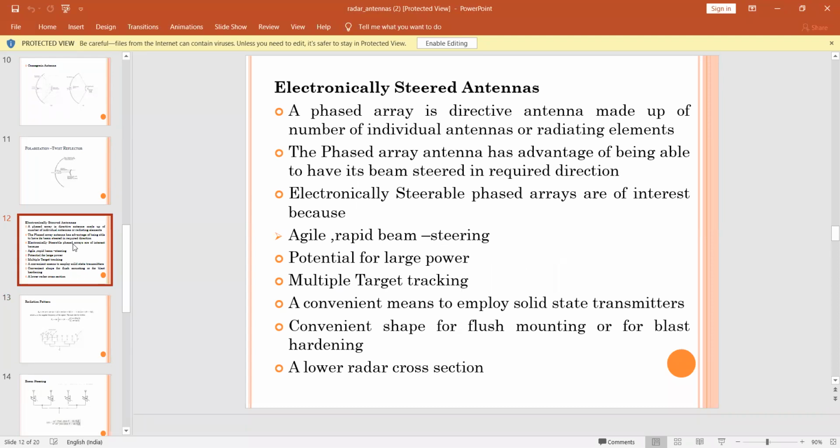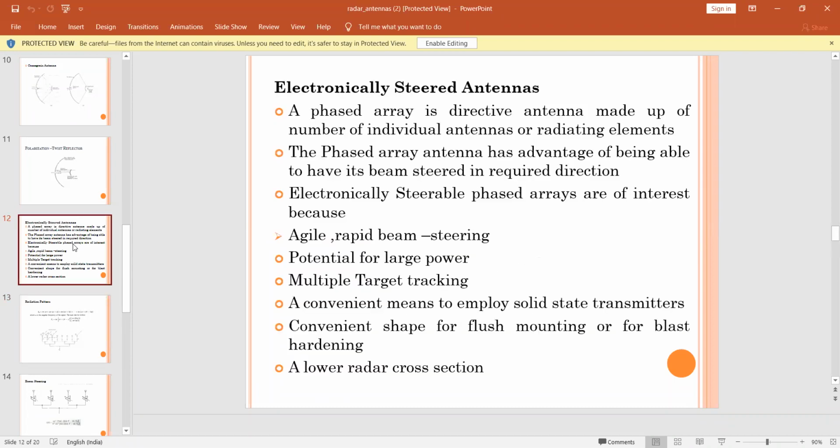The directive antennas are usually made up of a number of individual antennas or radiating elements. This was told in the last class: how the antennas are rotated electronically, how well it is controlled, so that the antenna pattern parameters such as the azimuth angle, the elevation angle, or others can be found.